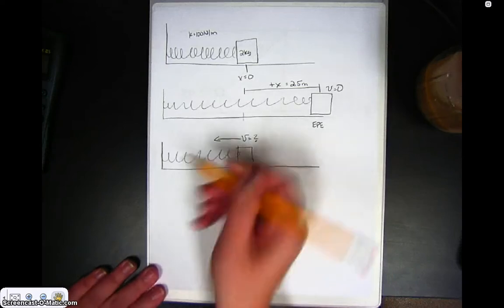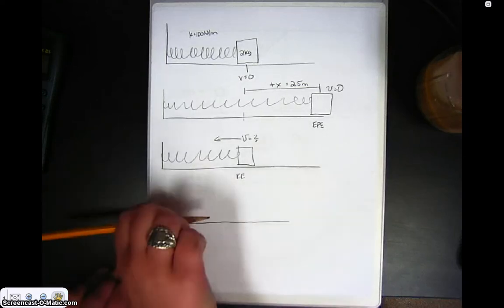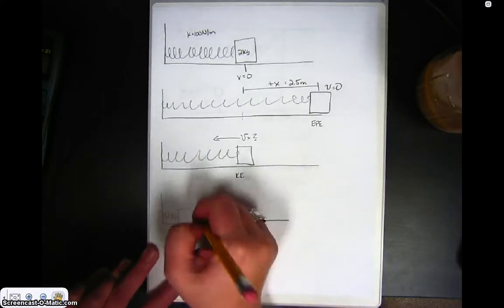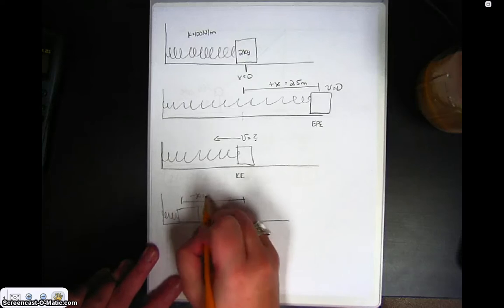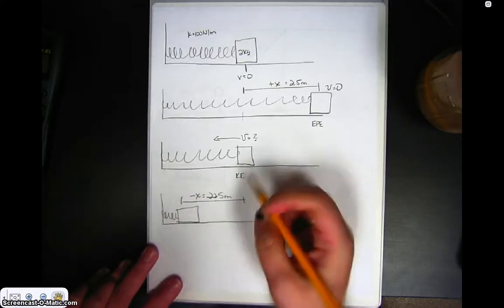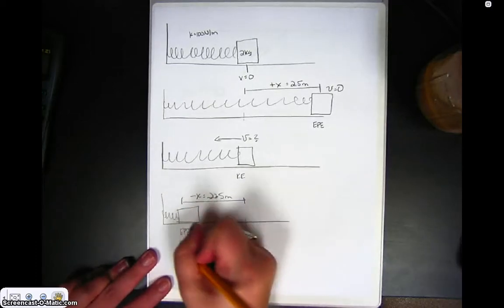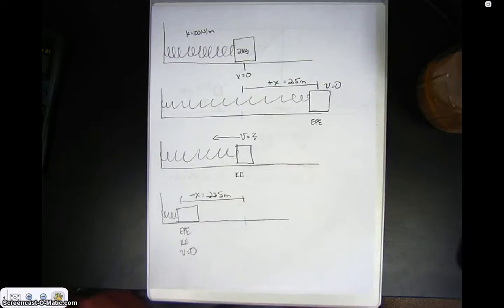Now, as it goes back this direction, the spring is pushing back in this direction, trying to slow the mass down. And when the mass gets to a position that is equivalent to minus x, or minus 2.5 meters, that is when it's going to regain its EPE, its KE is 0, and it's going to stop again and slow down.